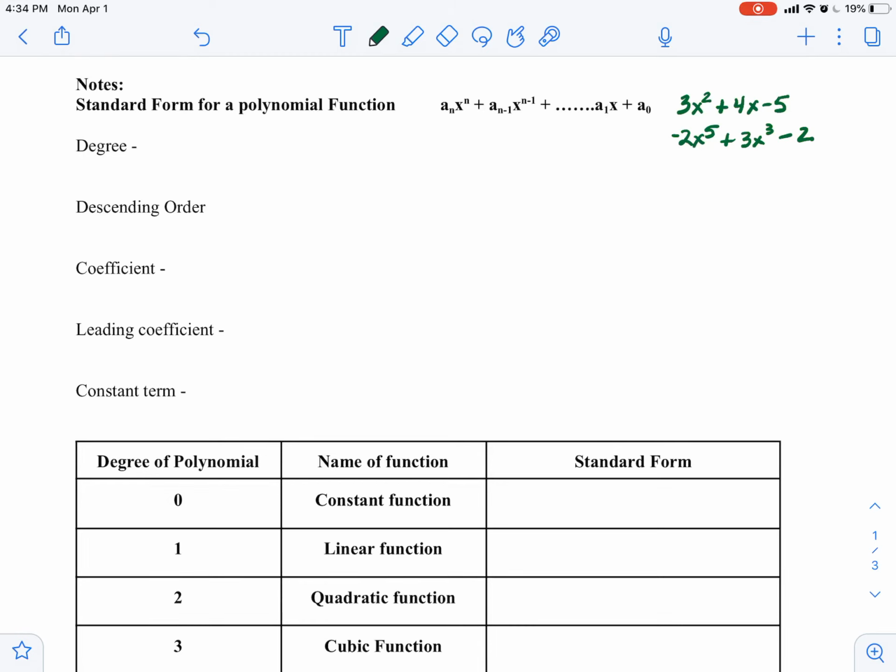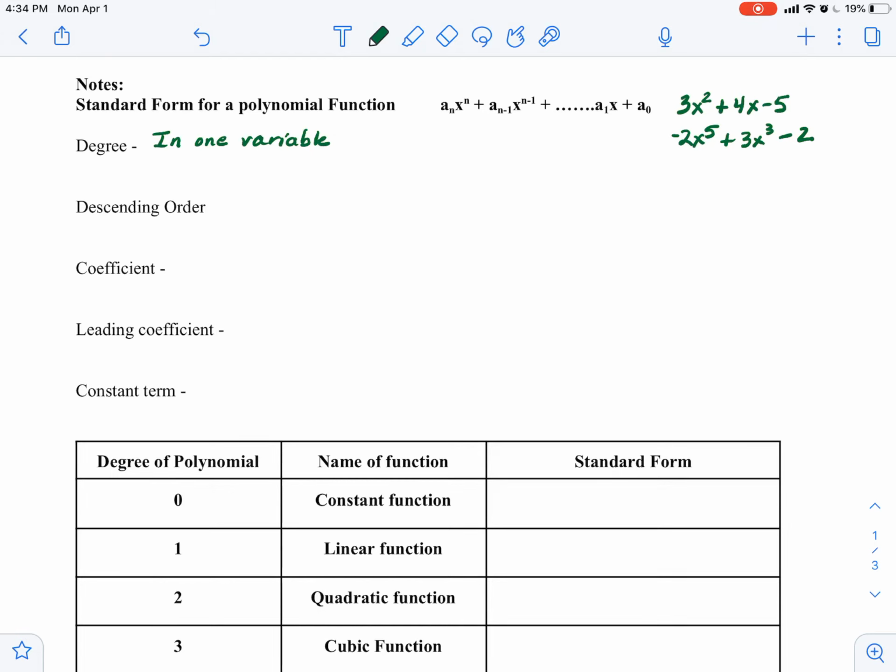So let's talk about what the degree is of a polynomial. There's two different ways that we talk about degree. And the majority of the time it is when we talk about it in one variable. That would be like what I gave you as an example over to the side. Those would be one variable, because in this case my variable is an x.